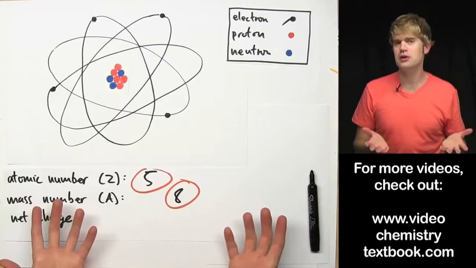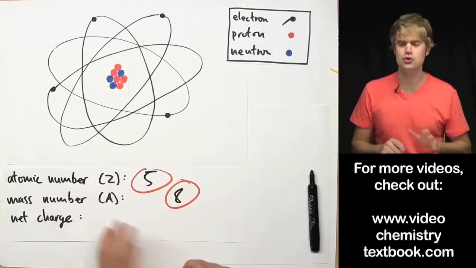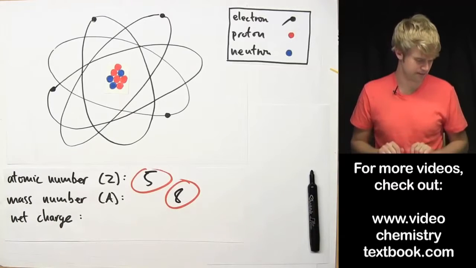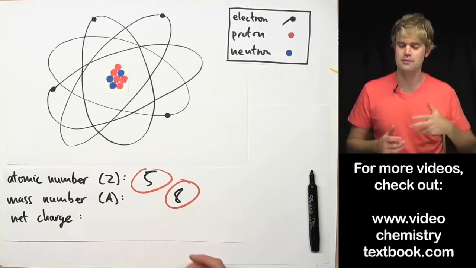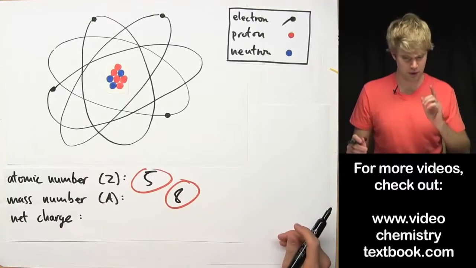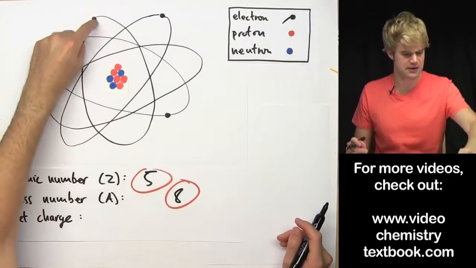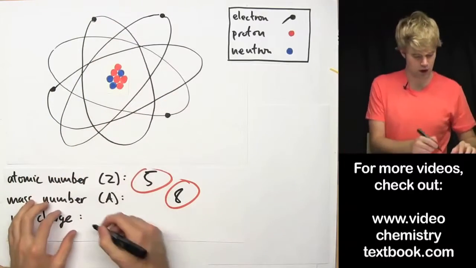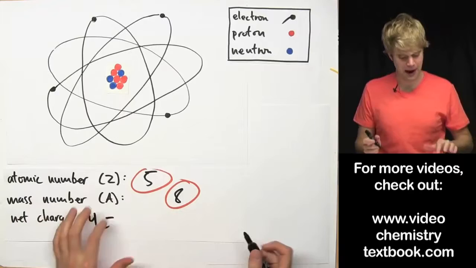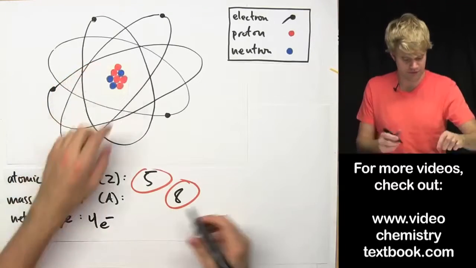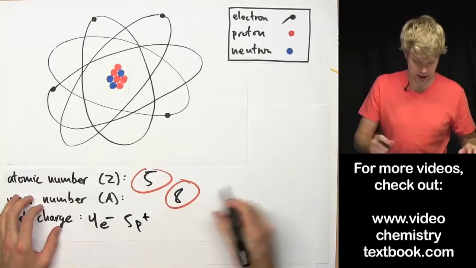Sometimes people think you have to have the same number of protons and neutrons in the nucleus of an atom. Definitely not true. They can differ quite a bit. The net charge is how the protons and electrons balance each other out. So, electrons are represented by these things here flying around the outside of the atom. 1, 2, 3, 4. 4 electrons, e minus is a way that we can abbreviate electron, and 1, 2, 3, 4, 5 p plus protons.